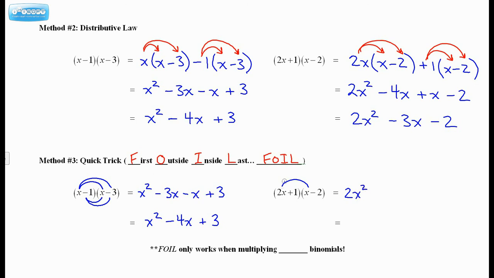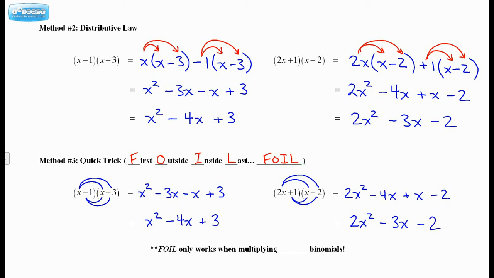O for outside. I for inside. So 1 times x is just x. We usually don't write 1x. And L for last. All right. Multiplication's done. So let's just simplify, combine like terms. Negative 4 plus 1, so this is minus 3x. And we should get the same answer as before. Looking up, yes we do.